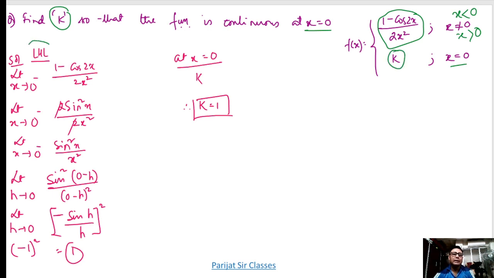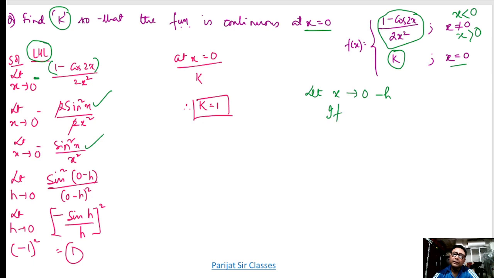So left hand limit, that means I have to choose at x less than 0. So first of all, 1 minus cos 2x is 2 sine square x, 2 cuts, it's this.